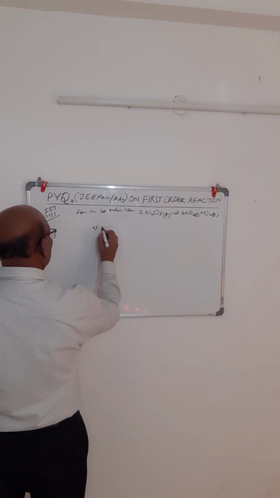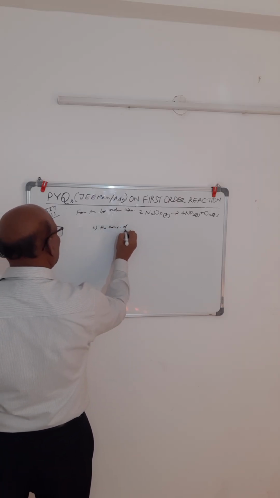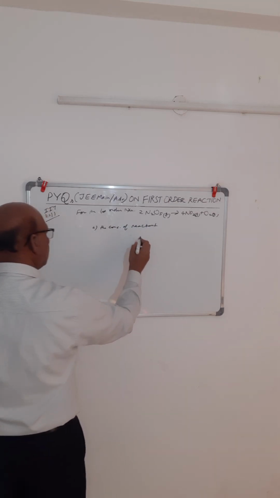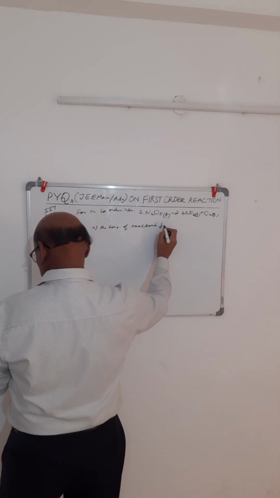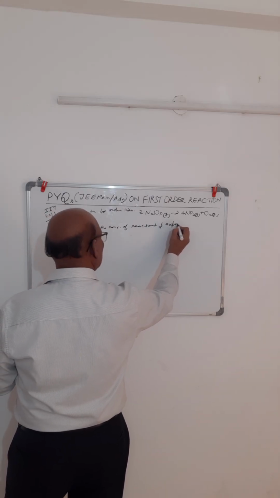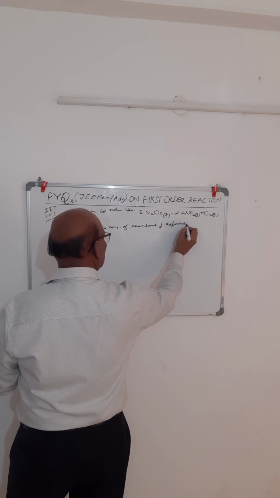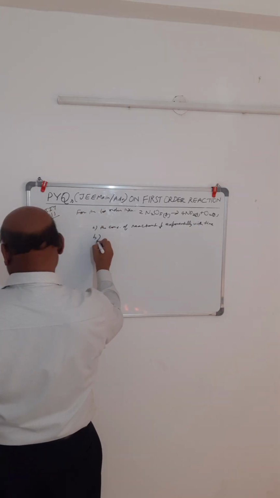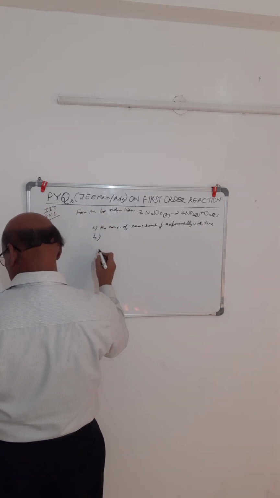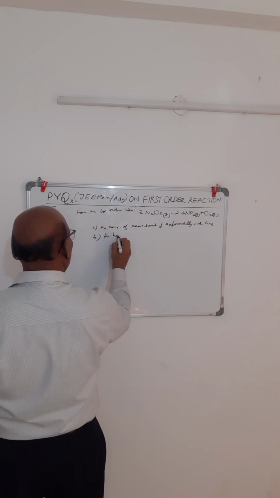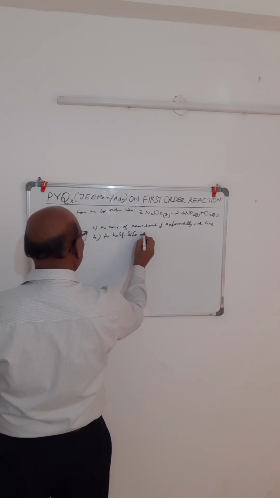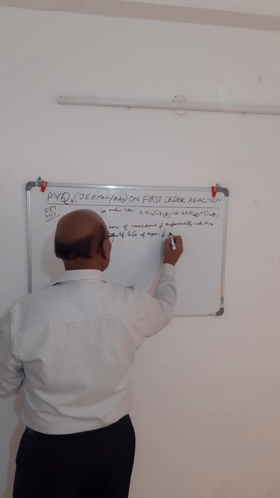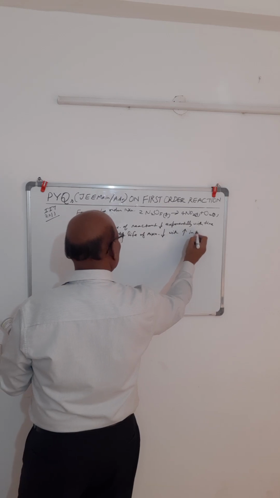The first is the concentration of reactant, that is N2O5, decreases exponentially with time. B option is the half-life of reaction decreases with increase in temperature.